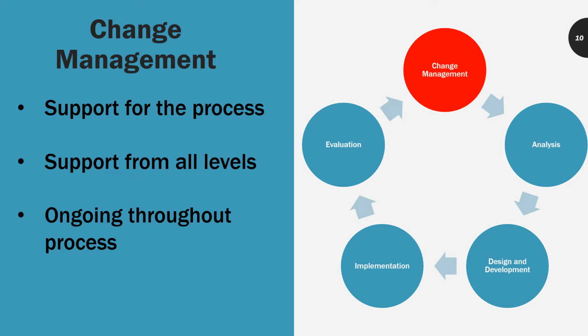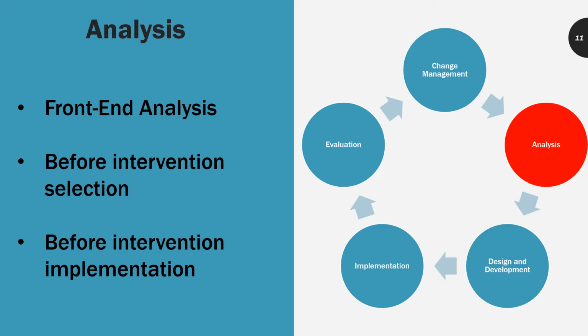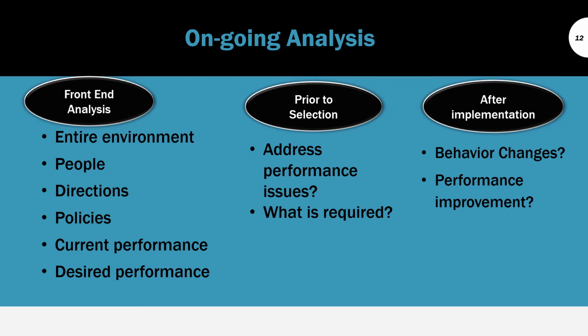Next, we have analysis. O'Driscoll stated in 2015, analysis provides the foundation for HPT, and it is conducted at the beginning of the process, prior to any intervention selection, and again prior to implementing the selected intervention. The analysis conducted at the beginning of the process is called the front-end analysis.